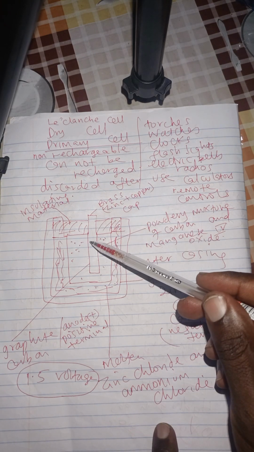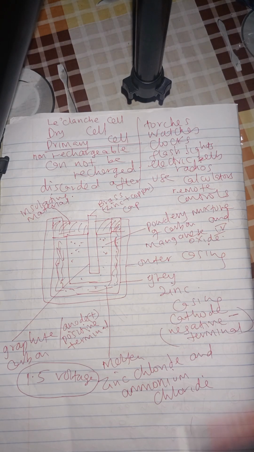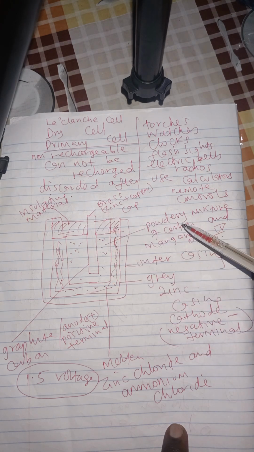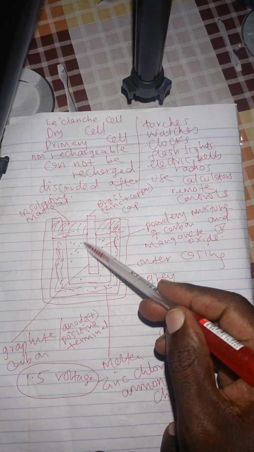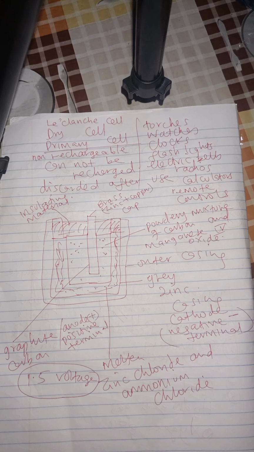And just around this graphite or carbon, the anode or the positive terminal, is a powdery mixture of carbon and manganese(IV) oxide in powder form. And of course, the work of the carbon is to increase the surface area of this graphite so that the graphite or the carbon that is serving as the anode becomes more efficient or effective.